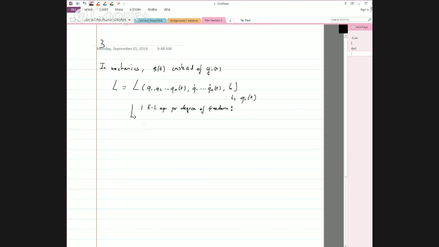And so then you'll find for each i, you'll have an equation: d by dt of ∂L by ∂qi dot minus ∂L by ∂qi equals 0, for each i. And it's easy to convince yourself that you get one equation per i.